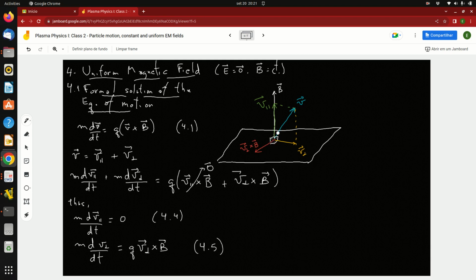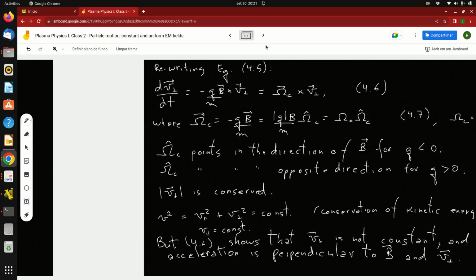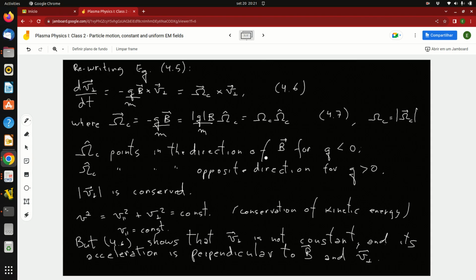And the rotation velocity, the angular velocity, is given by this omega vector. This is how I have written it here.